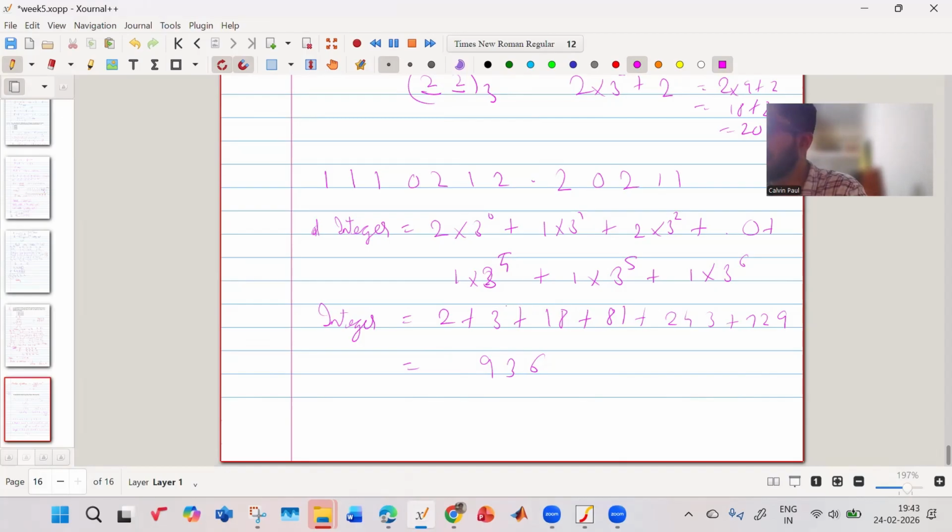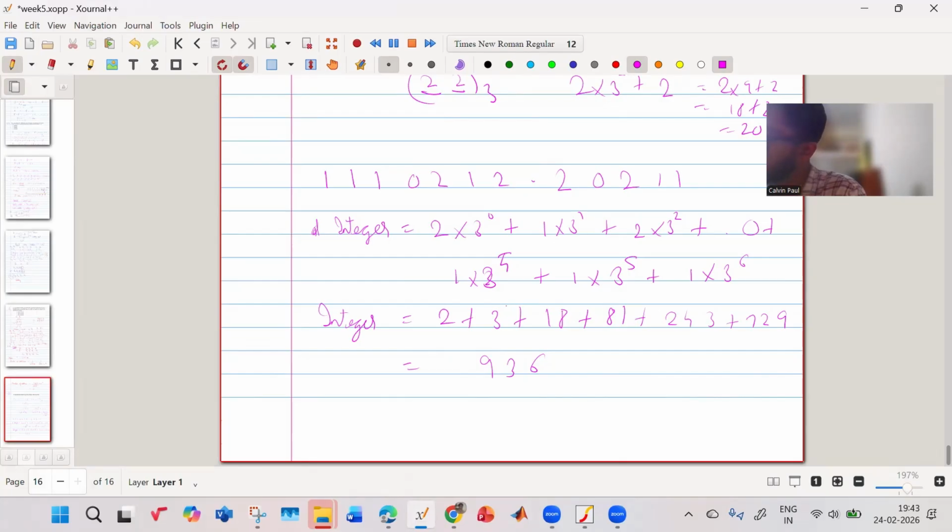Somehow I think I made a mistake. What is the blunder? The value is not coming as I had calculated previously. We used 3 to power 0 is 2, 3 to 1 is 3. Then 2 into 3 squared, which is 9 into 2 is 18.